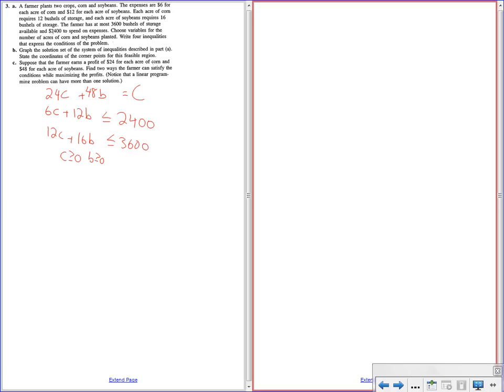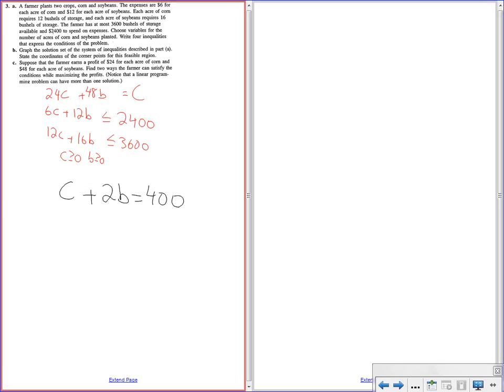The only reason I'm doing this, to simplify, is that it's the same thing as saying C plus 2B is 400. And then if I divide this one all by 4, I get 3C plus 4B is 900. I know that when I solve my system, it's going to be easier to use substitution than linear combination. You hopefully are going to get the same result as me, but you just did a little bit more work.